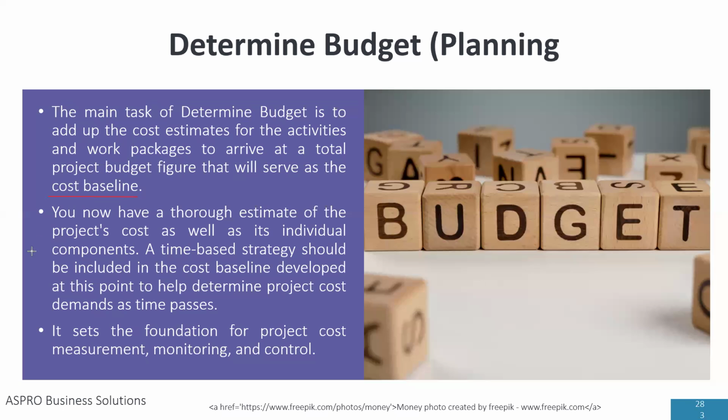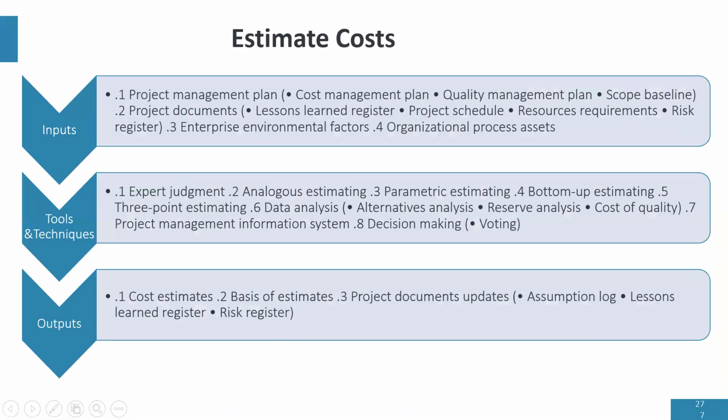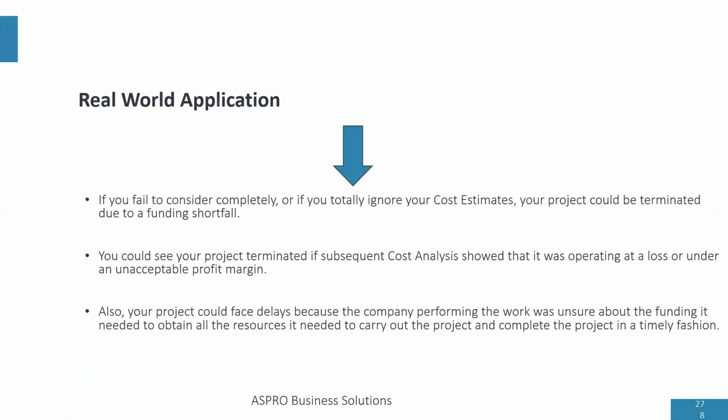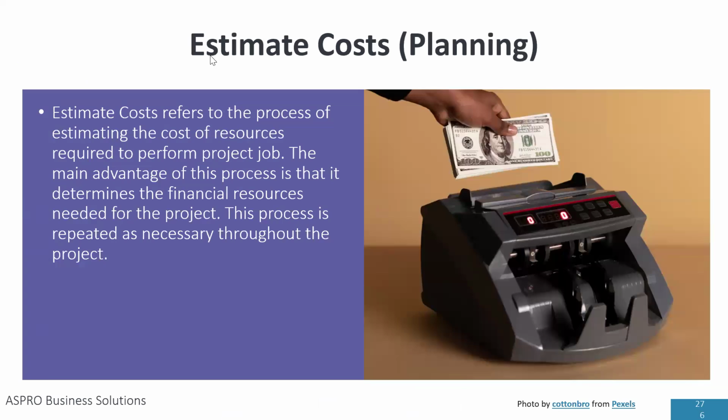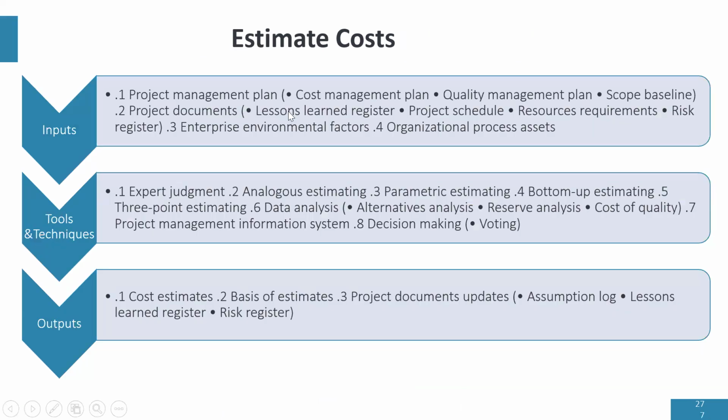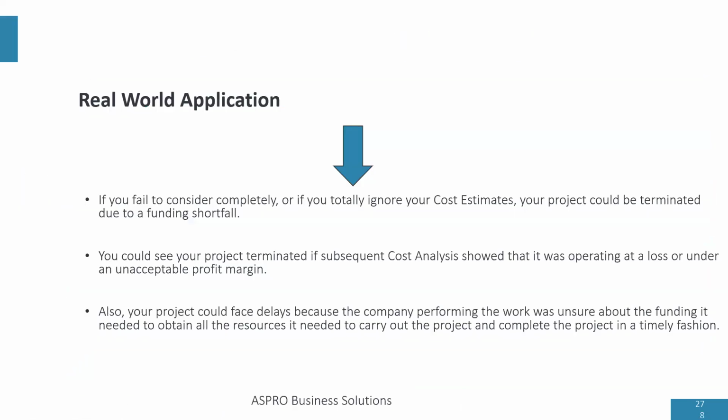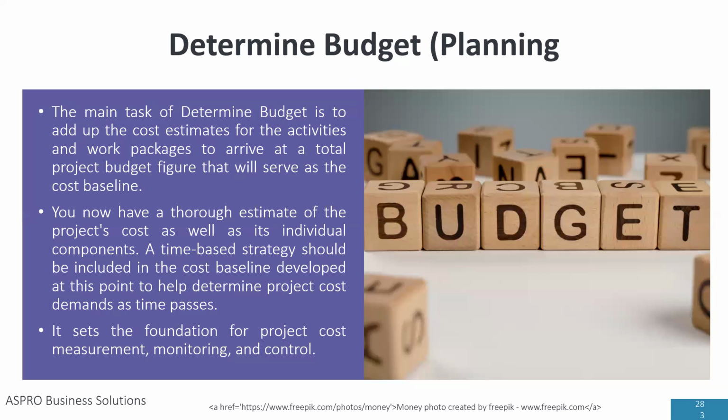Remember, we talked about how to estimate project activities. So this is where we talked about estimating cost. What we're actually costing here is the cost of each activity in your project. Determine budget is now saying, okay, you've costed all the activities. Let's add up all the activities of the project to create the budget.